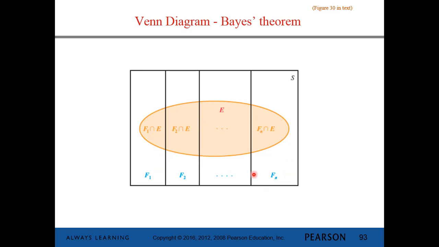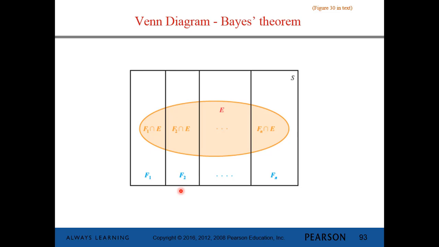I'm going to add all those probabilities up, and that'll give me the probability of E. And then I'm going to divide by the piece that I want, which is the probability of E given F2 has occurred.